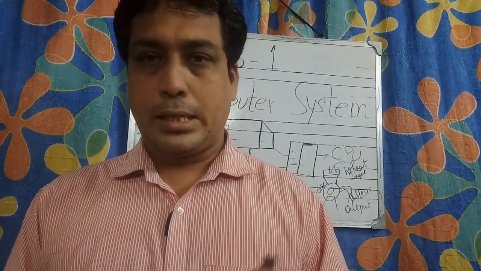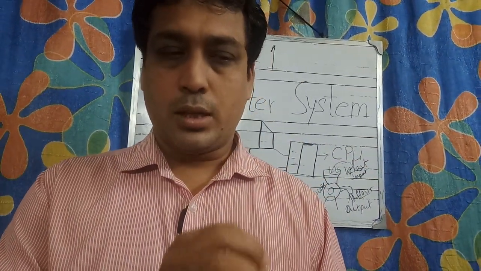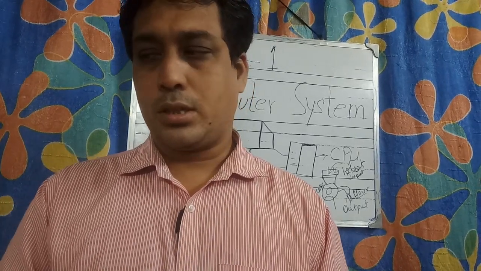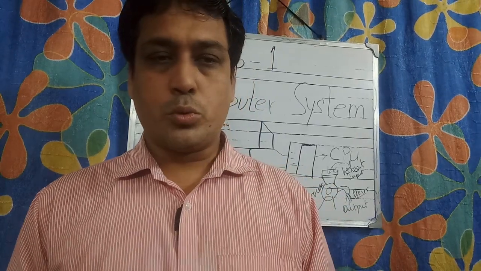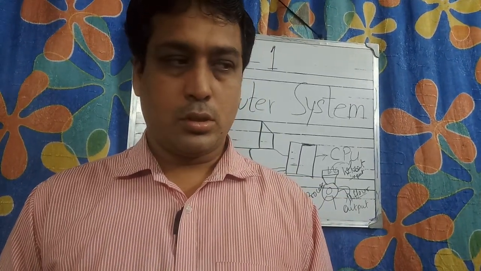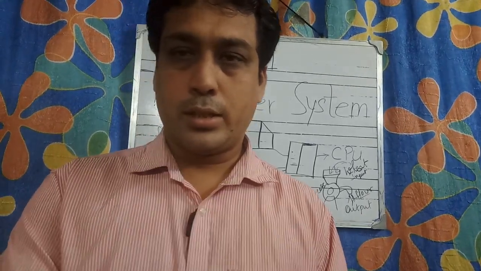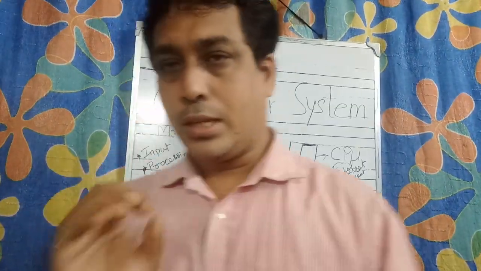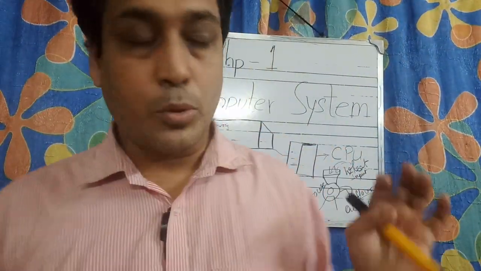What is input? When you put something inside a substance, suppose you have a container or your pencil box, you keep your pencil and eraser inside that box. That is putting in, this is input. Now processing, the CPU.